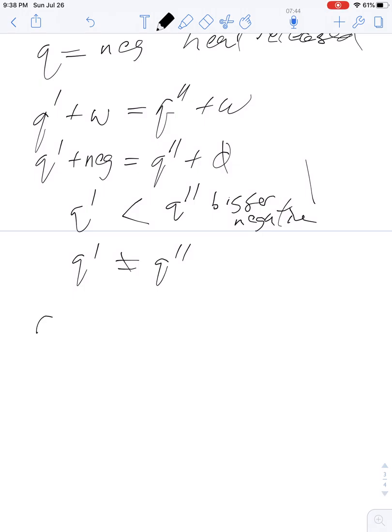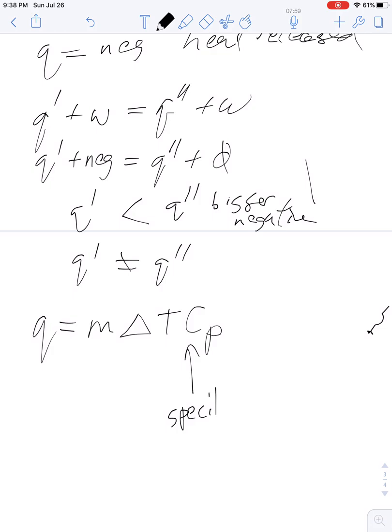So what we do is we agree to measure Q at constant pressure. That is why specific heat is Cp. The P is at constant pressure.